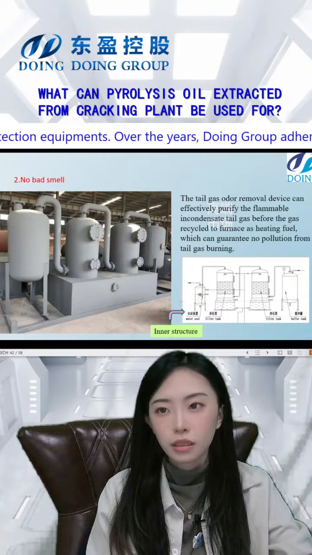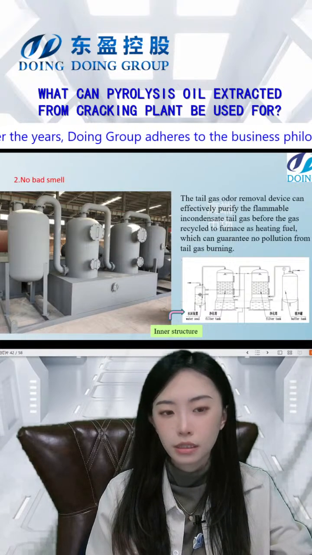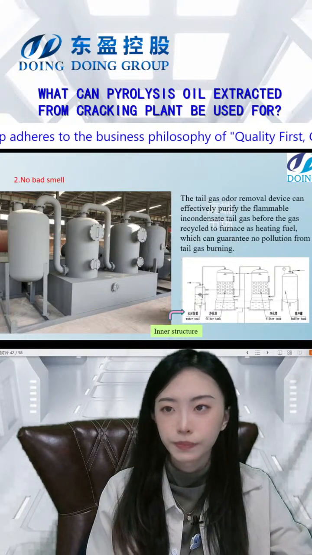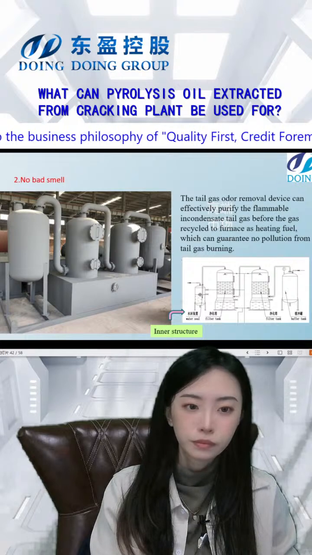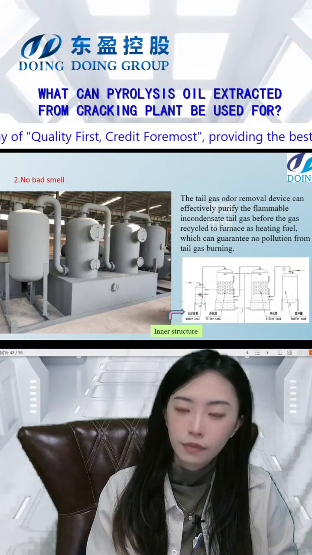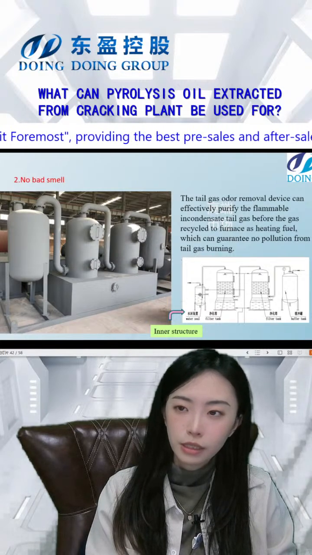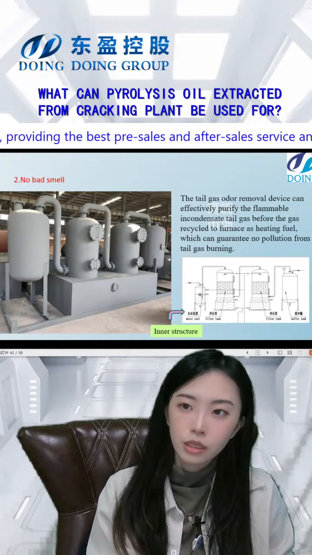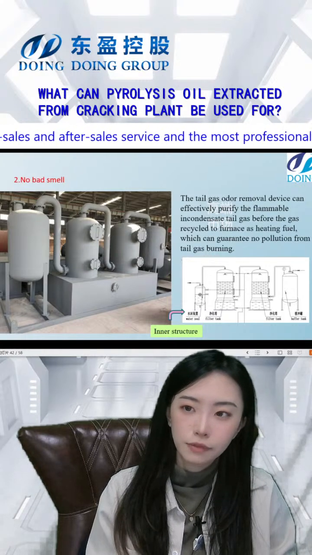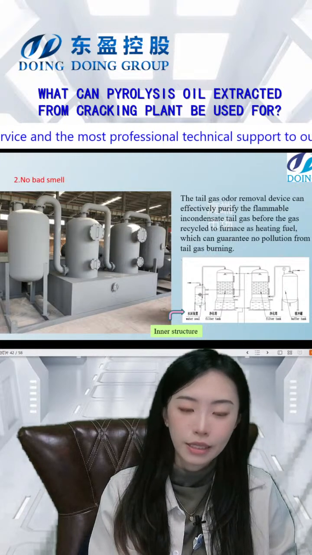And then this is the water seal to prevent the gas from returning to the previous device. The tail gas odor removal device can effectively purify the flammable tail gas before the gas is recycled to the furnace as heating fuel, which guarantees no pollution from the tail gas burning.